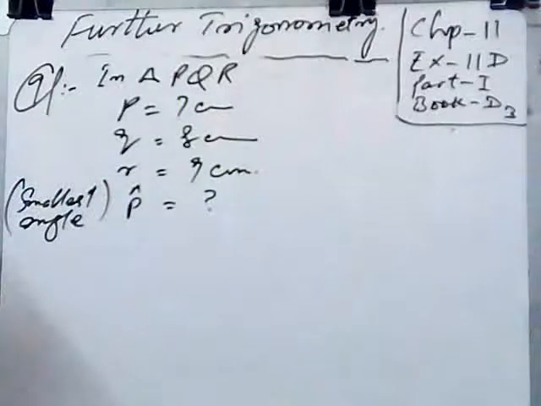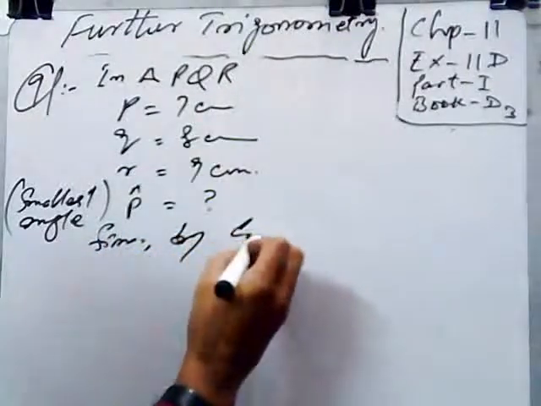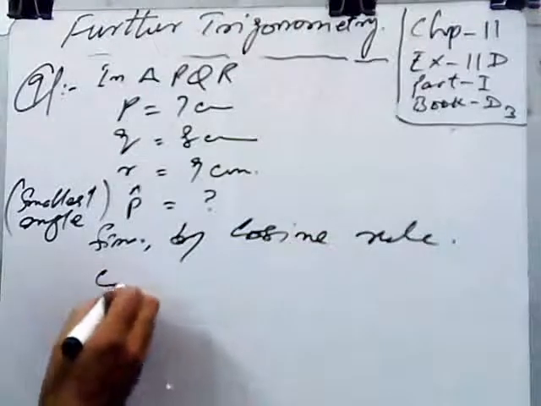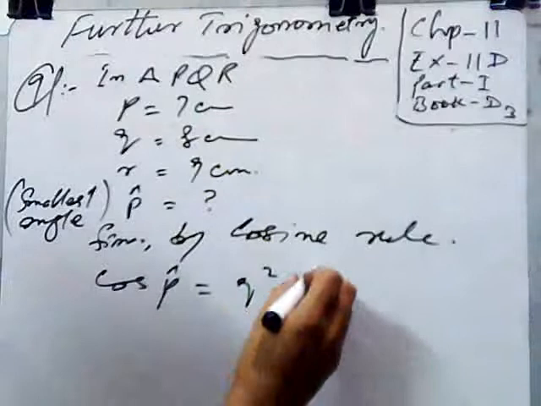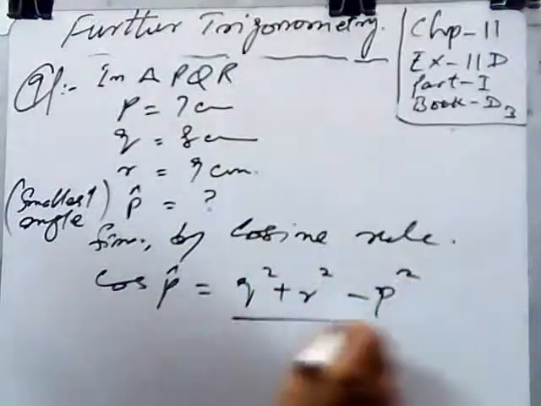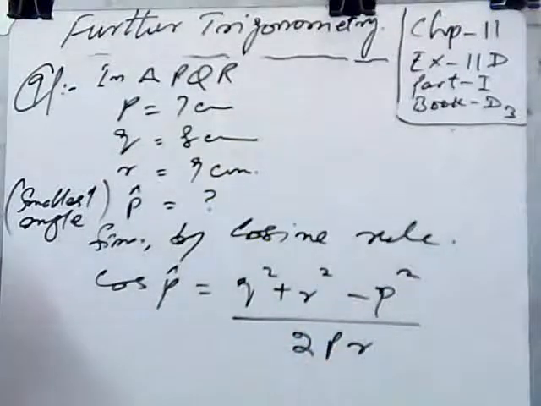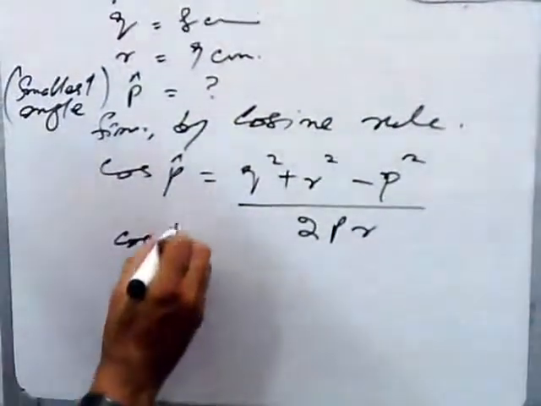So it means we have to calculate it. Since by the cosine rule, cos P angle is equal to q square plus r square minus p square divided by 2qr. So putting the values and simplifying.